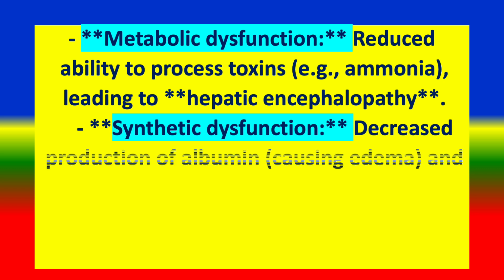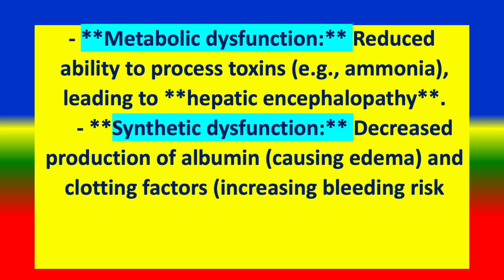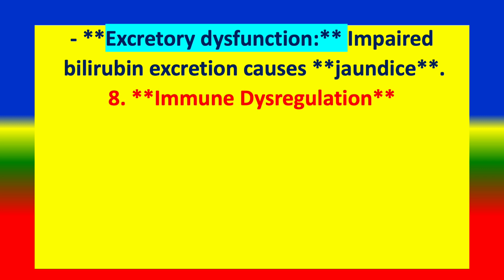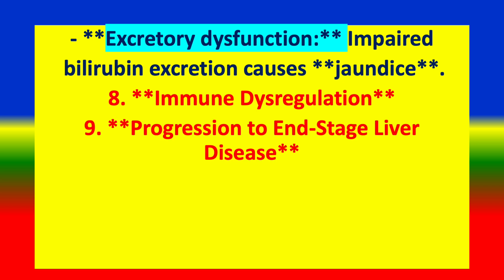Synthetic dysfunction, decreased production of albumin causing edema, and of clotting factors, increasing bleeding risk. Excretory dysfunction, impaired bilirubin excretion causes jaundice. 8. Immune dysregulation. 9. Progression to end-stage liver disease.